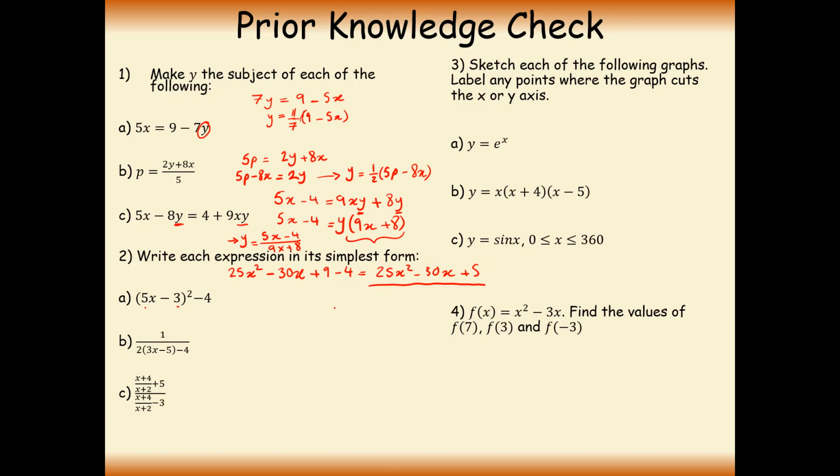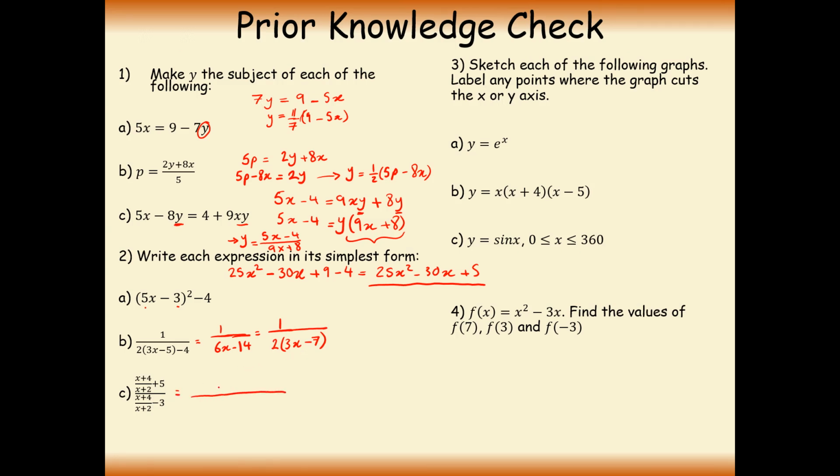This is the final answer for part A. This expression here will simplify to 6x minus 10 minus 4, which gives us minus 14. You might be able to factorize the denominator now. I would say this is the simplest form of that expression.